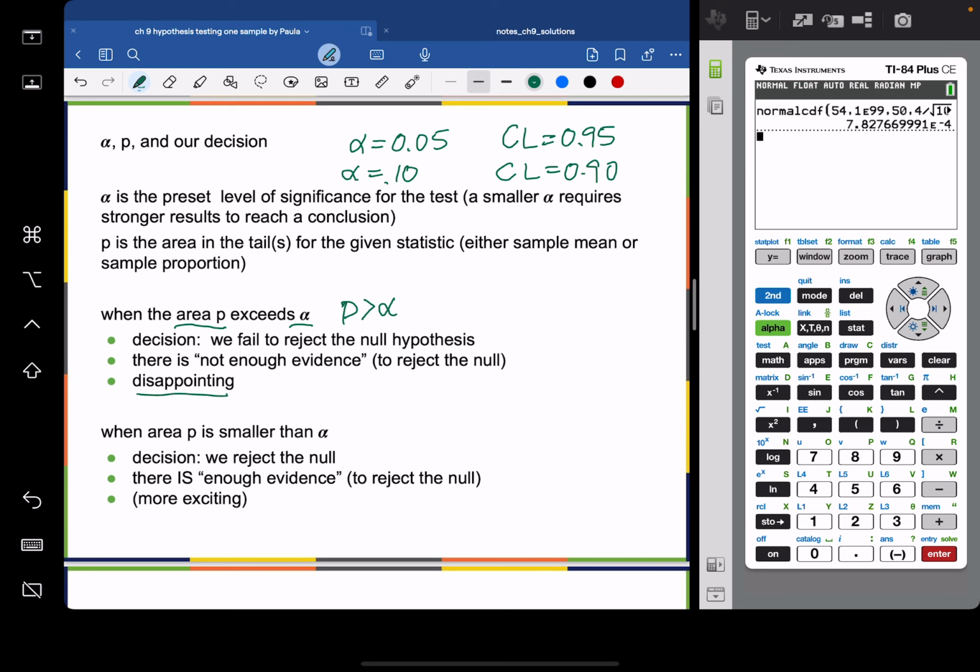The more exciting alternative is when P is smaller than alpha. Remember, a low P area indicates a high level of suspicion. So the tinier P is, the more suspicious we are, and we reject the null hypothesis. There is enough evidence to reject the null, and it's more exciting and dramatic.